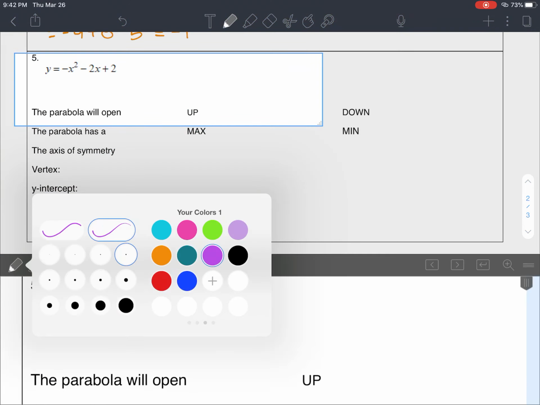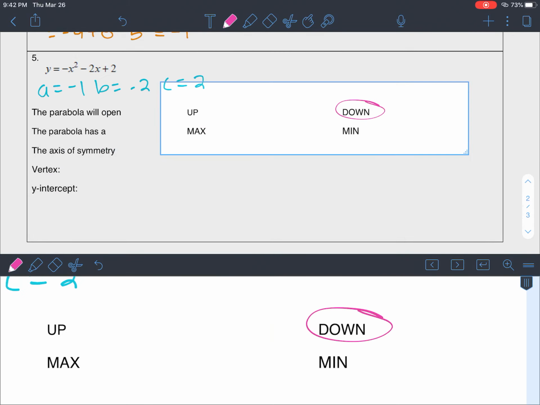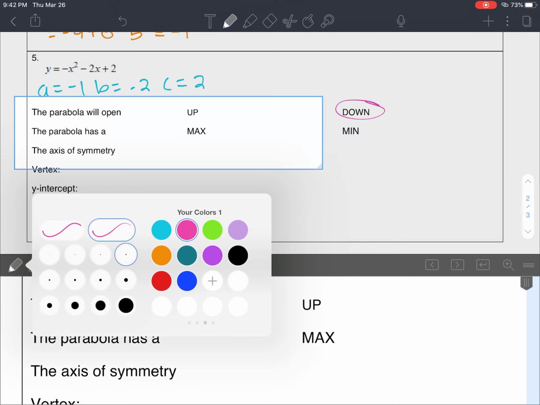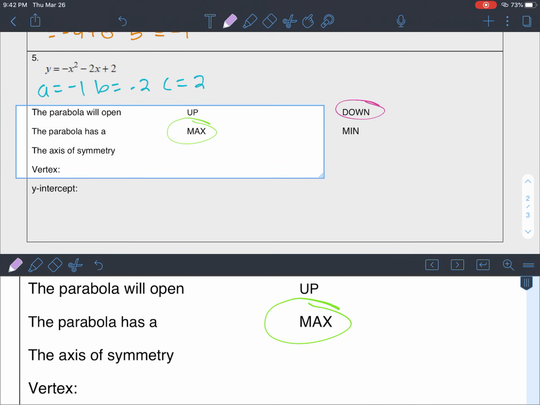All right, I made all these negative, not intentional. So we need to find A, B, and C. A is negative 1, B is negative 2, C is 2. Parabola opens down. So the parabola has a max. Axis of symmetry is 2 over negative 2, at x equals negative 1.